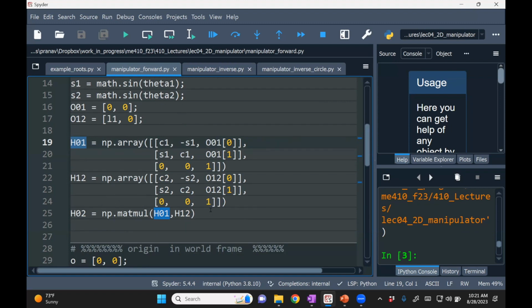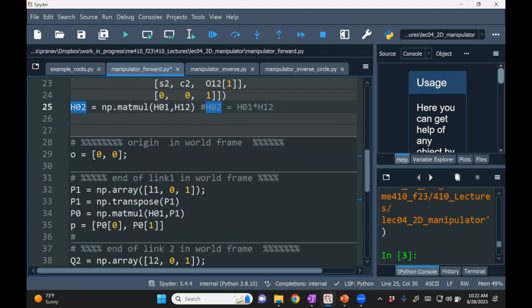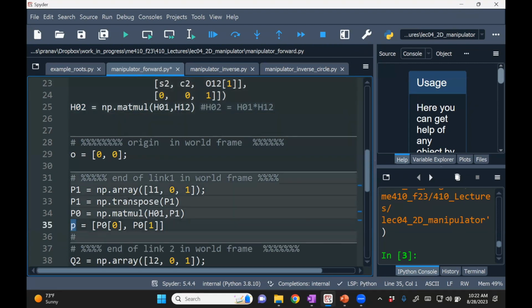This is h01, except this would be h02. Okay, the origin is 0, 0. I want the position of point P, so I actually do the same calculation.